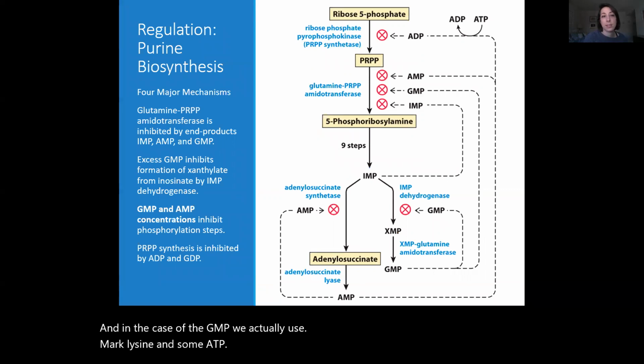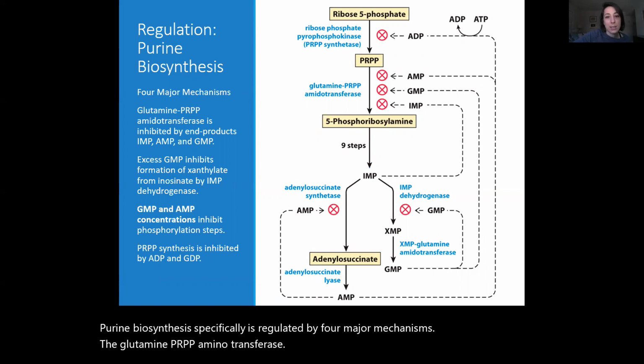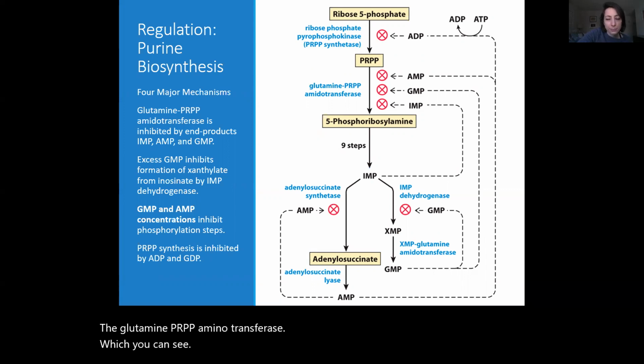Purine biosynthesis specifically is regulated by four major mechanisms: the glutamine PRPP aminotransferase, which you can see down here.